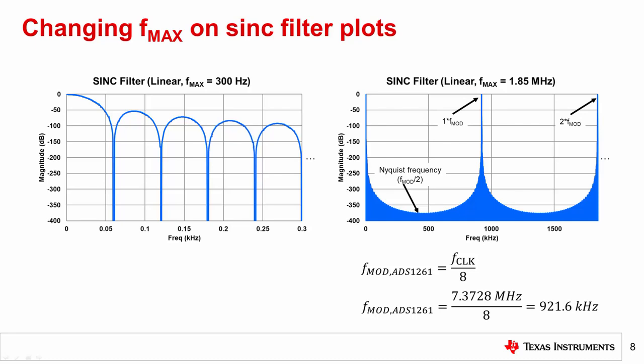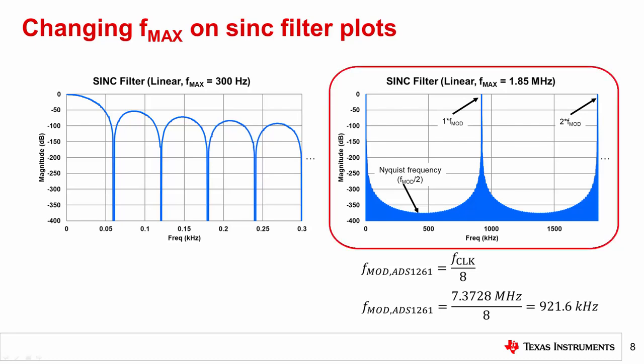So if you want to limit 60 Hz line cycle noise, for example, this filter provides excellent rejection at 60 Hz, 120 Hz, 180 Hz, and so on. However, if you continue this plot out to a higher frequency range similar to the anti-aliasing filter, the result would be the frequency response shown on the right.